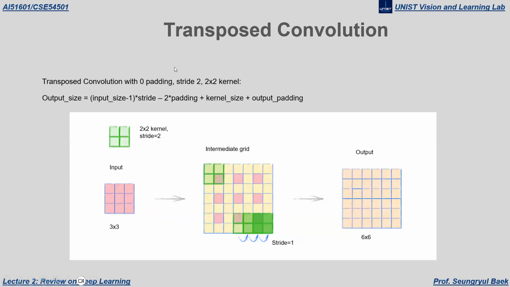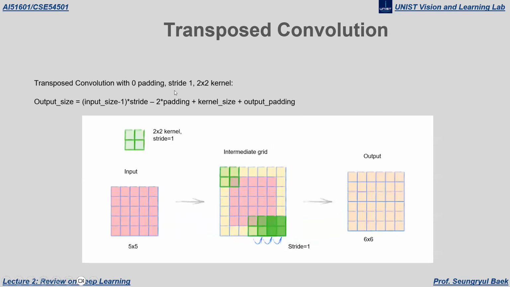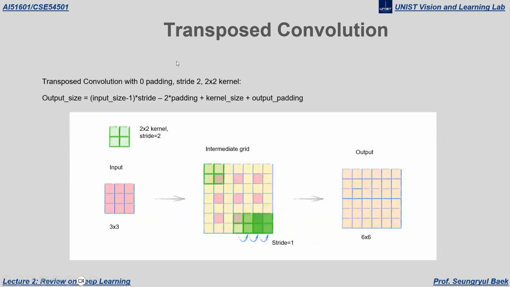And there is a stride parameter. Previously, stride was 1, but if you set this stride as 2, then what they do is locate the input pixels with one zero pad between them, right?